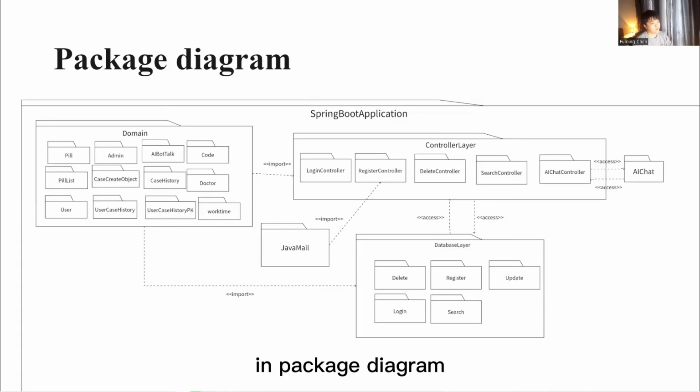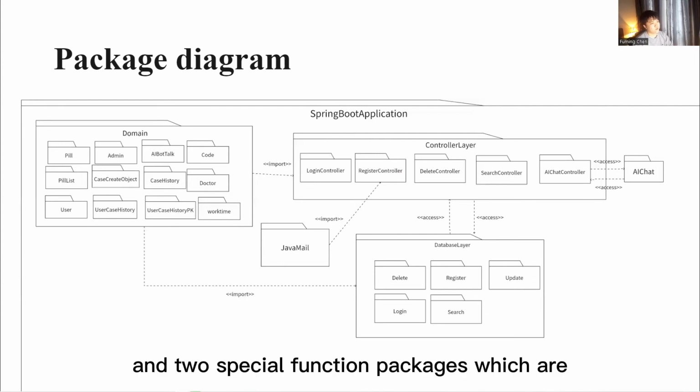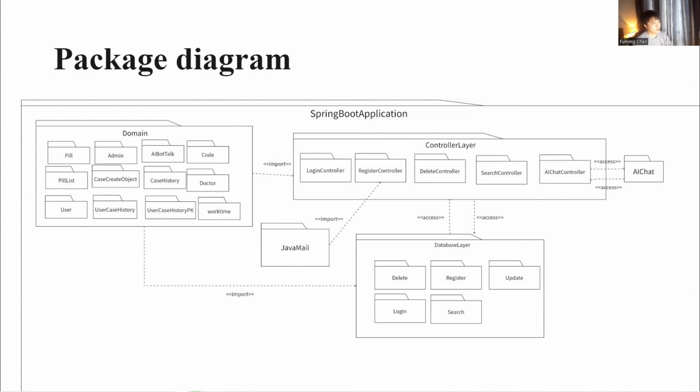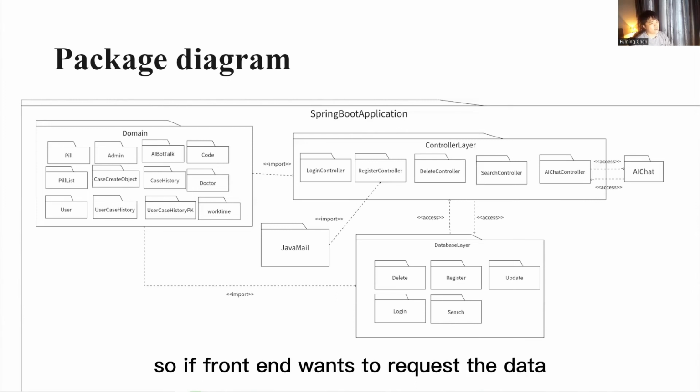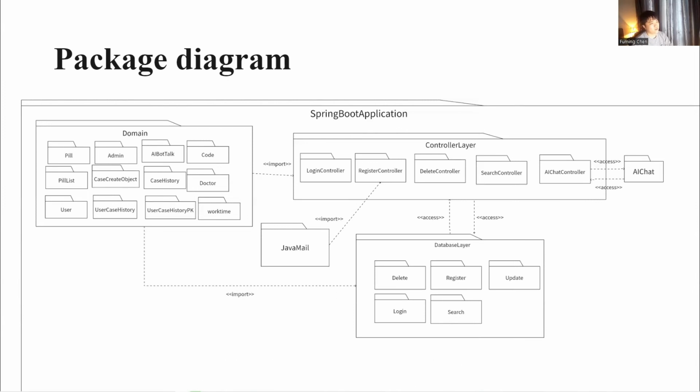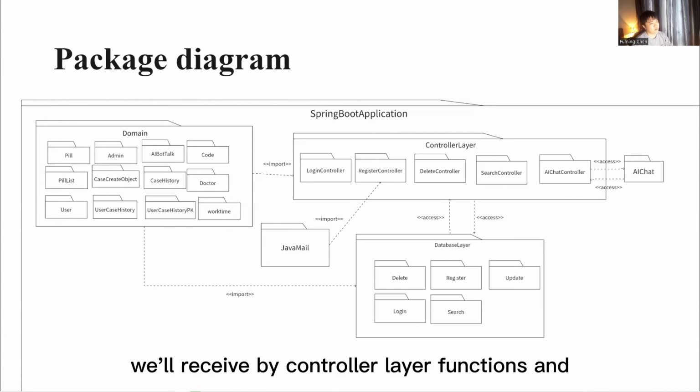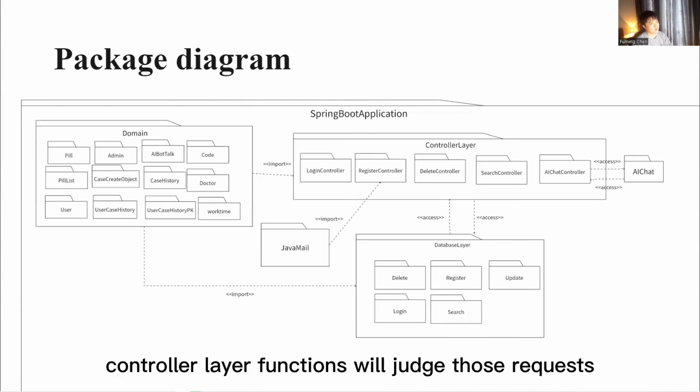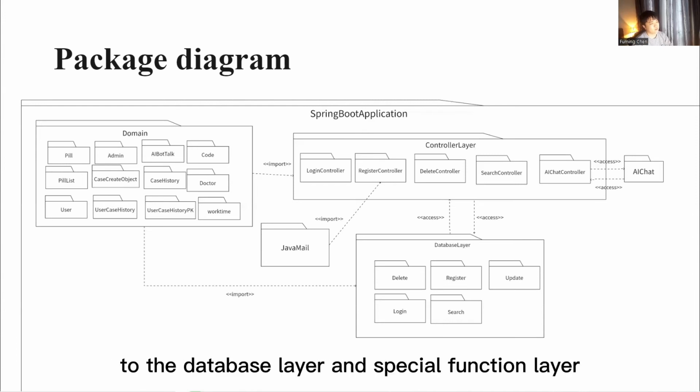In the package diagram, I separate the controllers layer and the database layer, and two special function packages, which are AI chat and Java mail. I put all objects in the domain package. So if the front end wants to request data or send a data request, it will be received by the controller layer functions, then the controller layer functions will drive those requests to the database layer and special function layer.